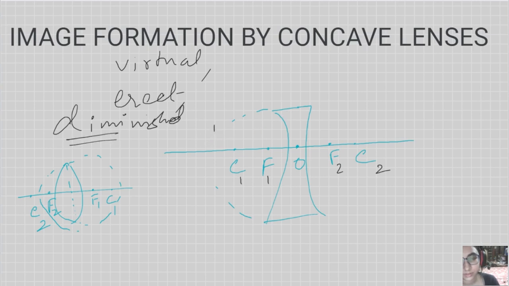Let's just take a parallel ray. It will obviously diverge because it's a diverging lens, and it will be traced back.